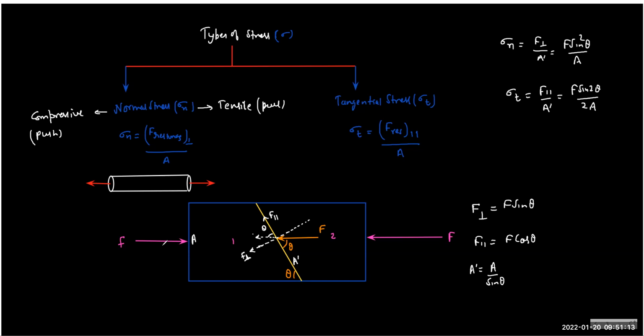Now the tangential stress also has another name, called shearing stress. To remove the wool from the sheep, we use a shear machine, so it creates a tangential force.